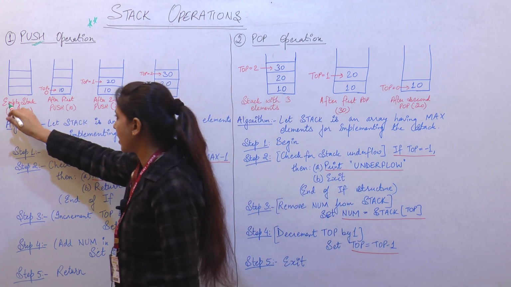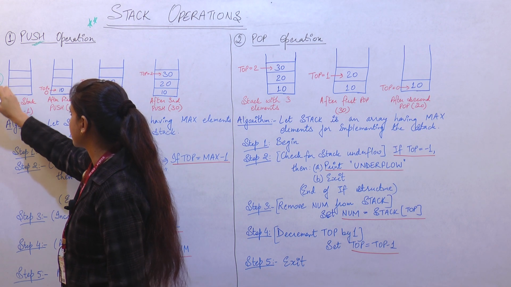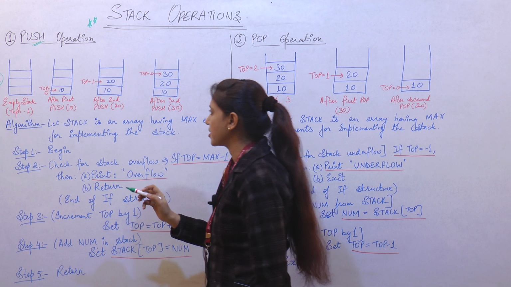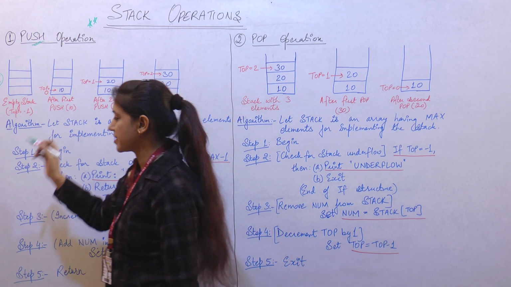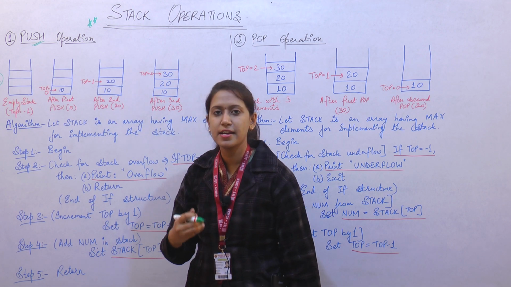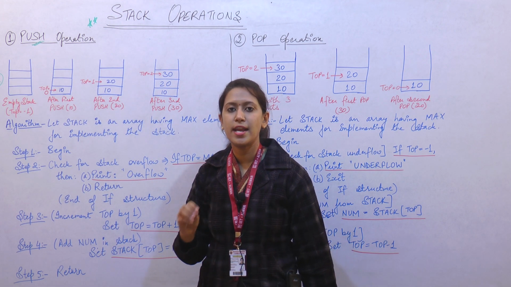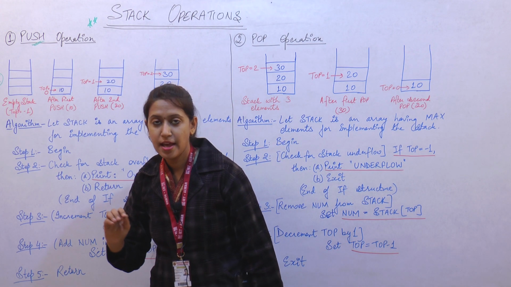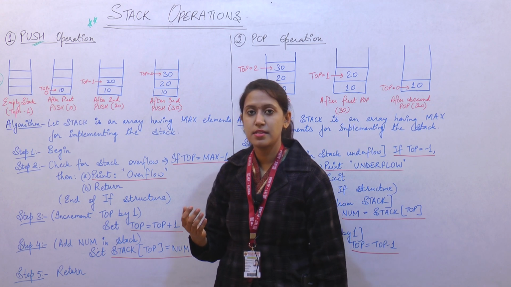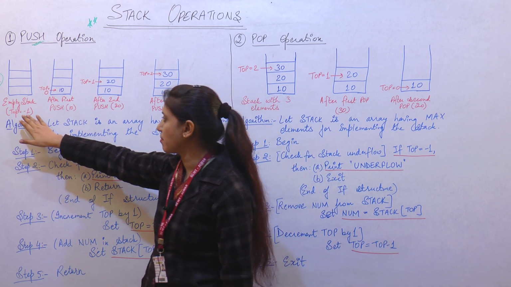We have an empty stack here. This is our first step of push operation. Empty stack means we have a stack data structure in which no element is present. As we discussed earlier, the condition of empty stack is top equals -1.